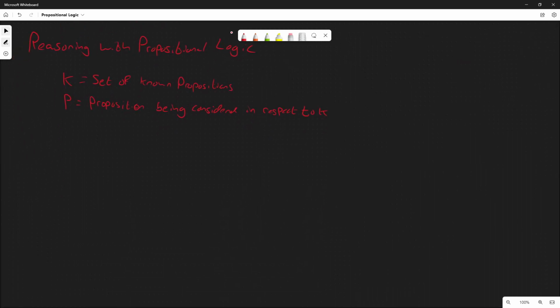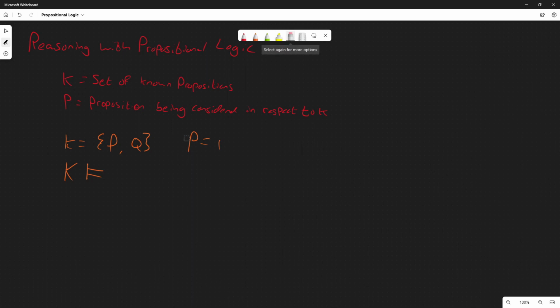Say we have K equals P and Q. These formulas are simply atomic, very small. We're going to use this symbol here, which means follows from, to query a set of propositions.